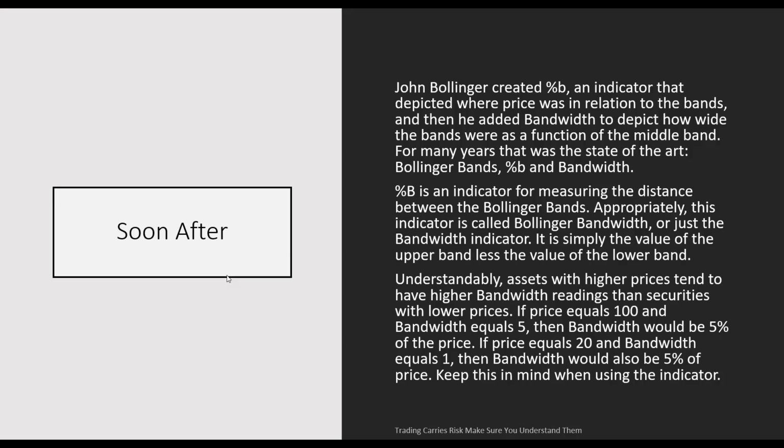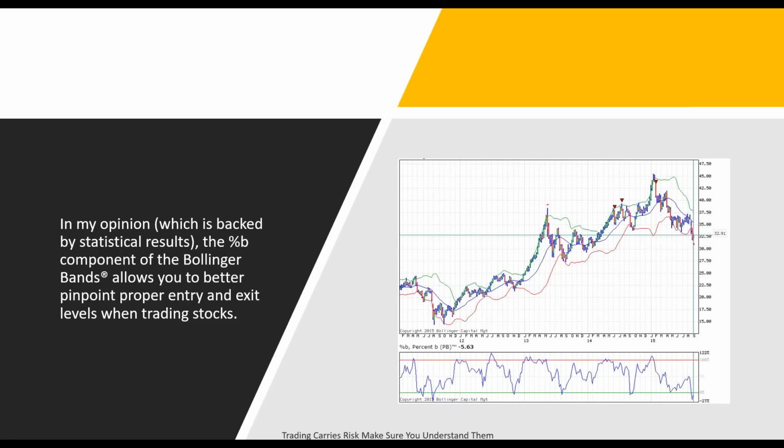Understandably, assets with higher prices tend to have higher band readings, but it's still the difference between the two. And we're able to drop that distance on a chart below the price chart.